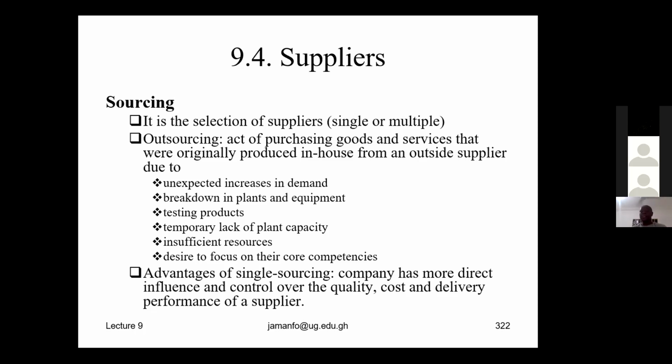Multiple sourcing is where, coming back to my University of Ghana example, we need 10,000 pieces of this bottled water every month. We decide that for reasons of security, it is not advisable for us to give all the supply to Belacqua. So we decide to split our 10,000 requirement of bottled water into two.